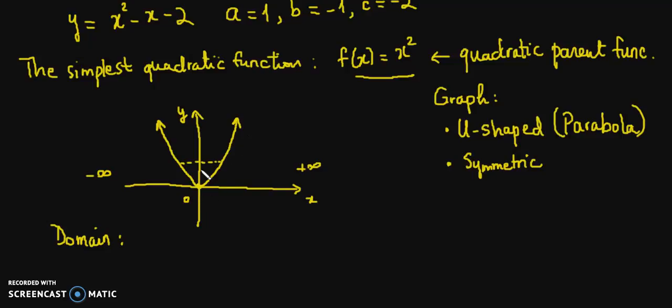So the domain of this function, y equal to x squared, is all real numbers. Another way of writing this is x belongs to R.